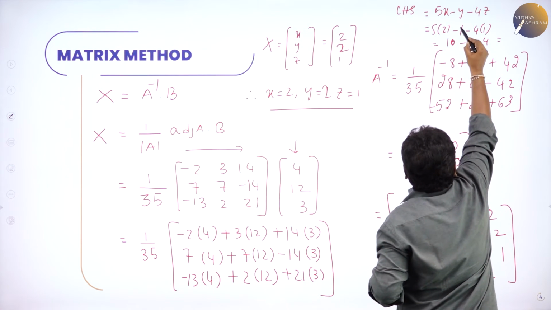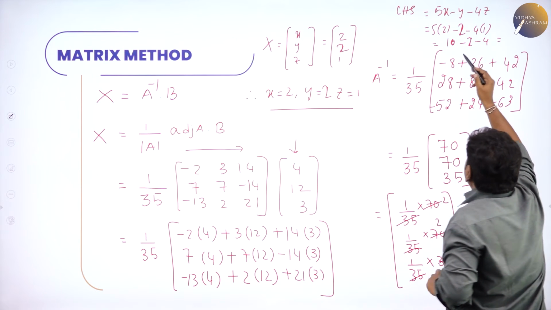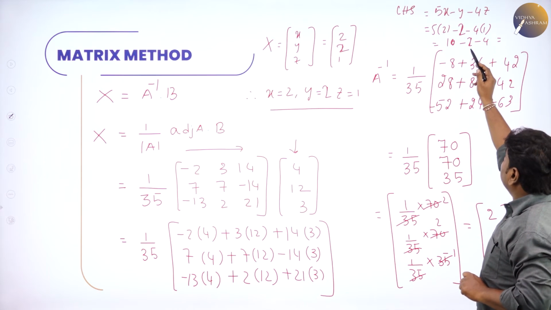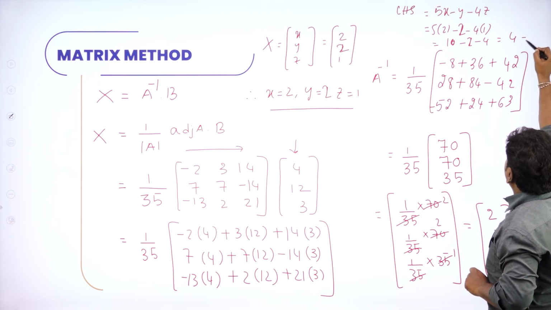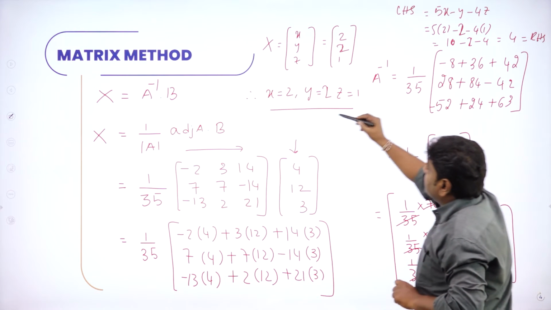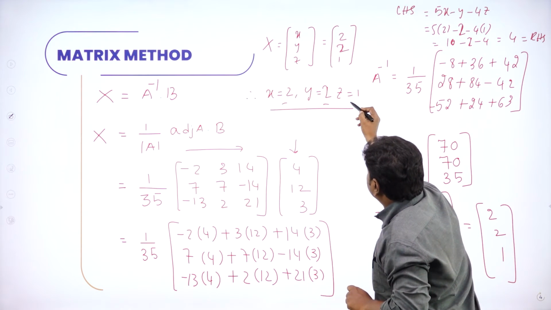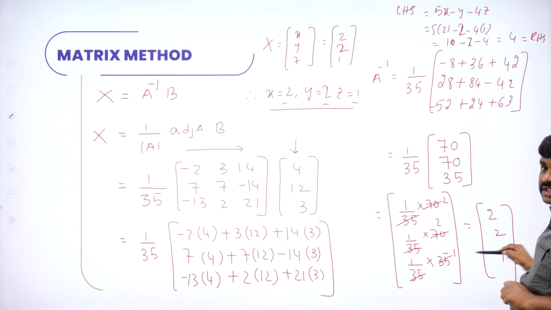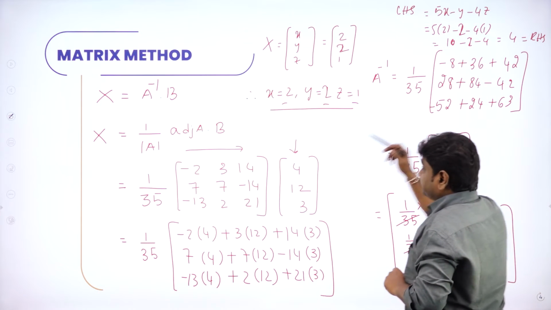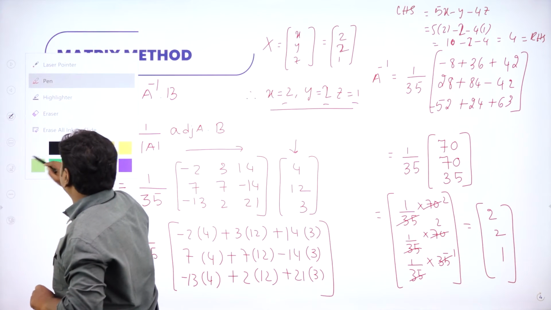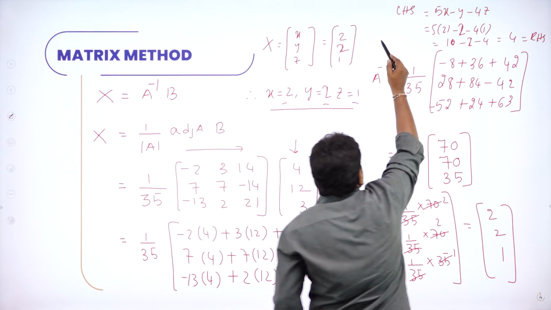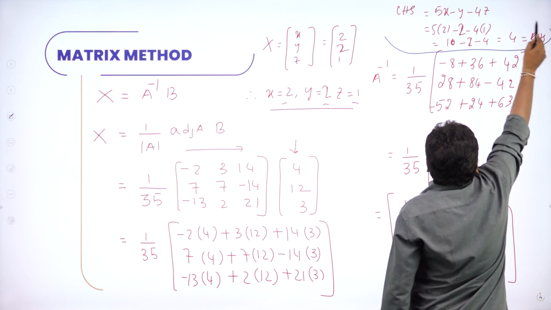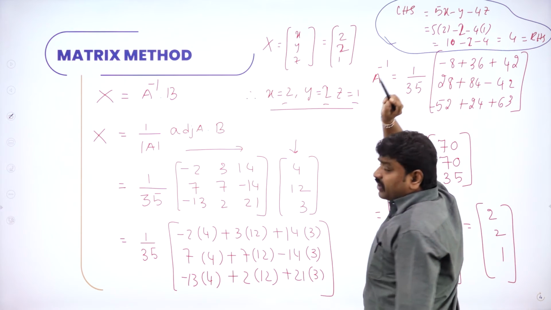So substitute 2. Now 10 minus 2 is 8. 8 minus 4 is 4. So you will get RHS. So when I substituted x value 2, y value 2, z value 1, we got the answer. This is x, this is y, this is z. It will take just 10 to 20 seconds to verify. After doing so much, this is not required actually, but my suggestion to all of you: verify. How to verify?